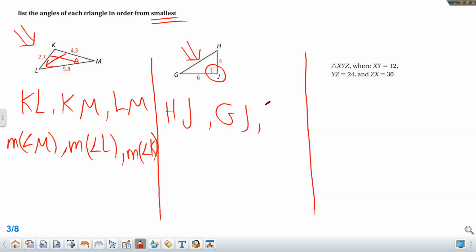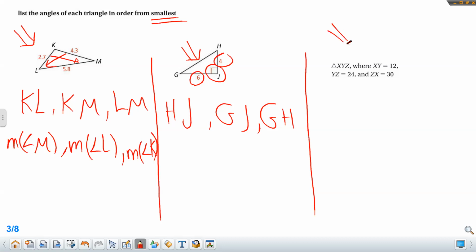Which is GH, since if you have a right angle, then the opposite side of it is the greatest side. So you must start with HJ, then GJ, then the last one is GH. Okay, this is the second one.